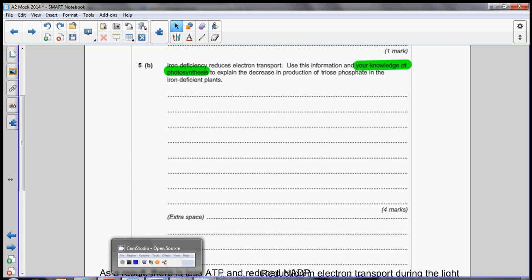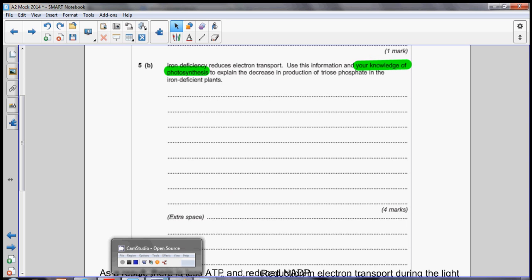Now, if you remember your work on the light-independent stage, you remember that triose phosphate production requires glycerate 3-phosphate, or GP, being reduced to form triose phosphate, or TP. That process requires ATP, and it requires reduced NADP.